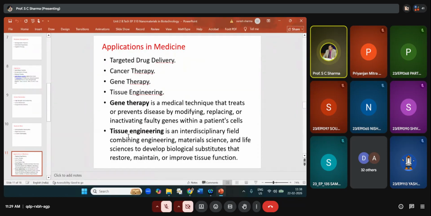Tissue engineering, another very important topic in recent years, is an interdisciplinary field combining engineering, material science, and life sciences to develop biological substitutes that restore, maintain, or improve tissue function. So tissue engineering is another separate topic of these biomedical applications.